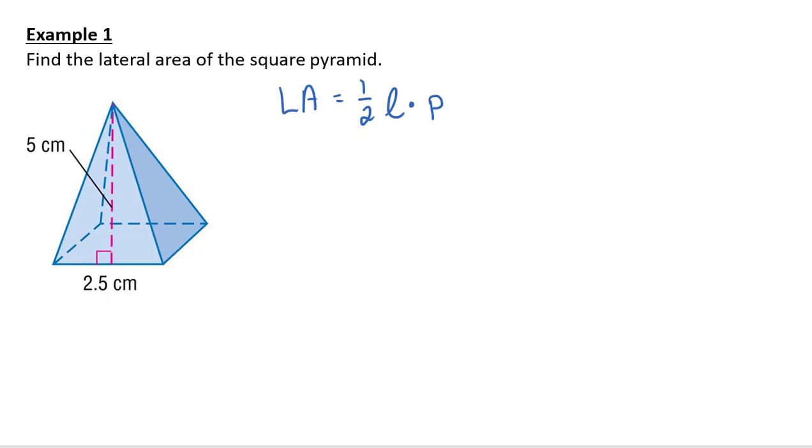They tell me it is a square pyramid. So that means that I can imply that all these sides of the base are 2.5. So my lateral area is 1/2 my slant height, which is that segment there, so that is 5, times the perimeter of the base.